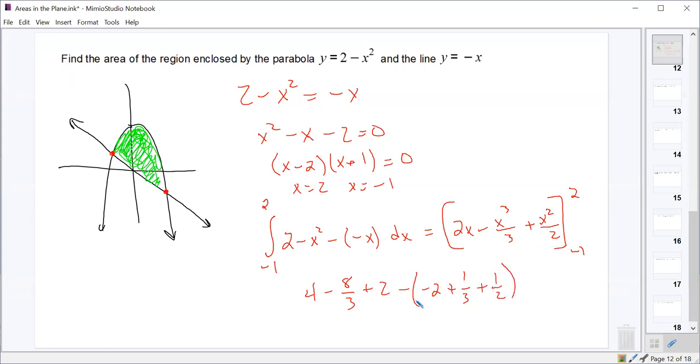And do a little bit of arithmetic, and what do we get there? You could get 9/2. Somebody check that, but that's just me trying to quickly do that in my head.